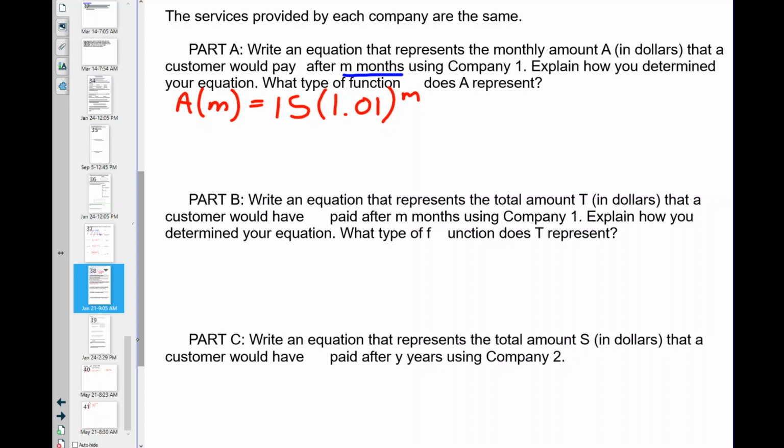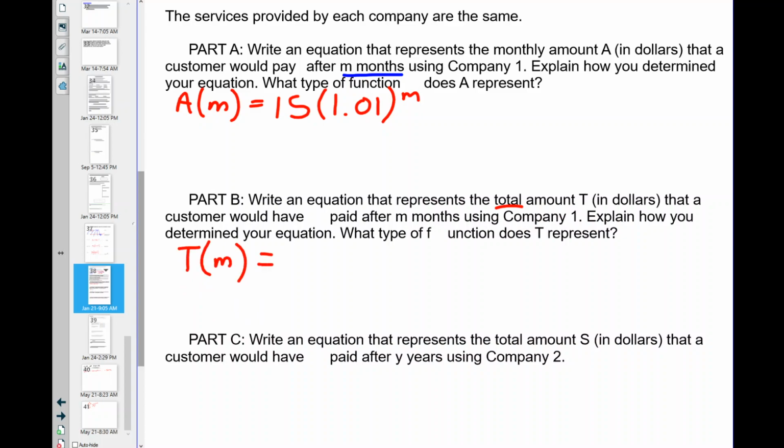Write an equation that represents T, which is the total amount in dollars that a customer would have paid after M months using company 1. All right, so now they're saying total. So now we're going to use the sum formula.